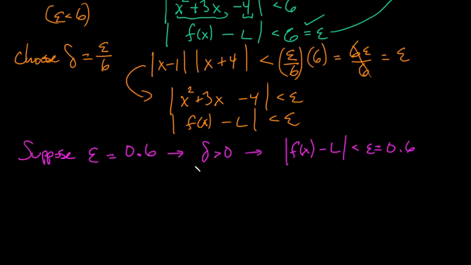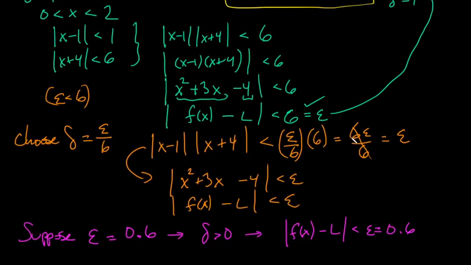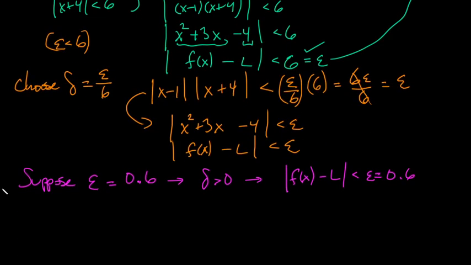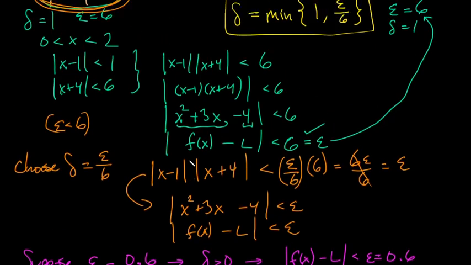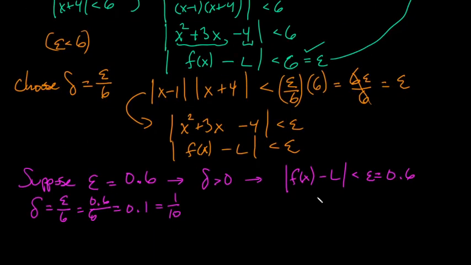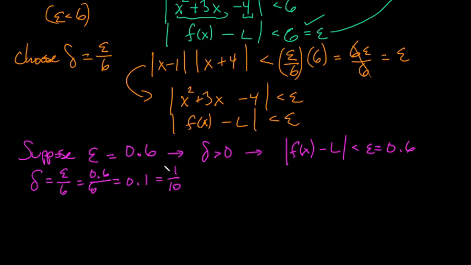So remember, epsilon over 6 would be a nice number. That's why I picked 0.6. So epsilon over 6 would just be 0.1 or 1/10. And remember, we want the minimum of 1 and 1/10. 1/10 is certainly less than 1, so we're going to have to use 1/10 for our delta.